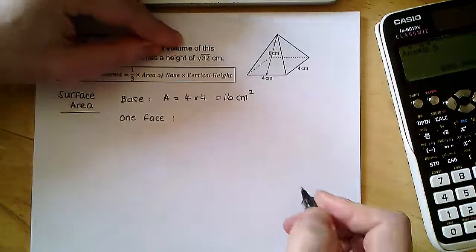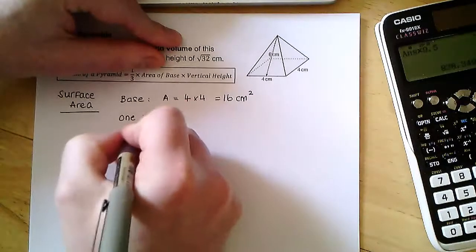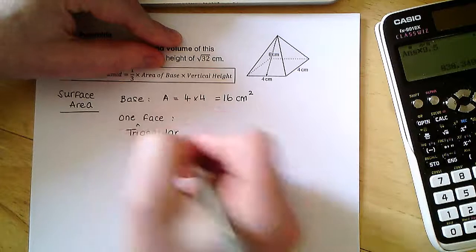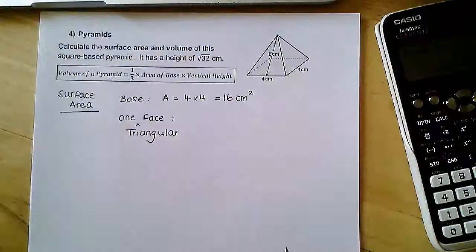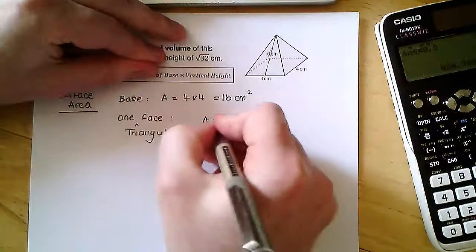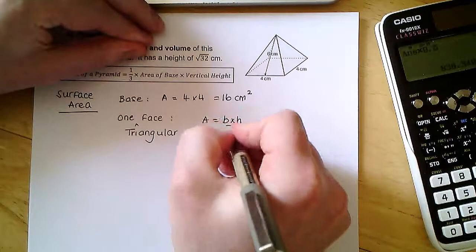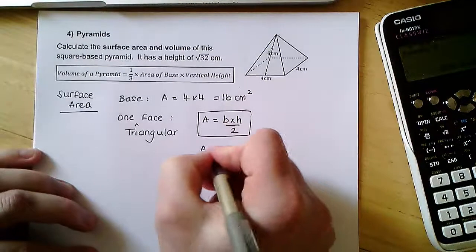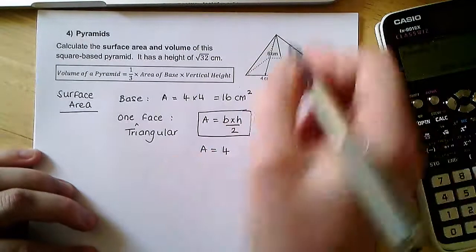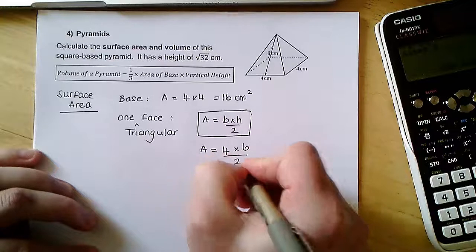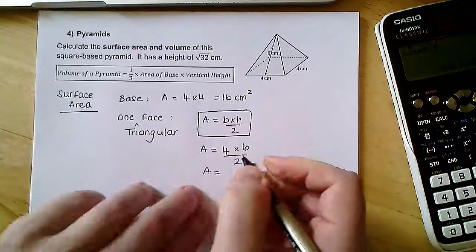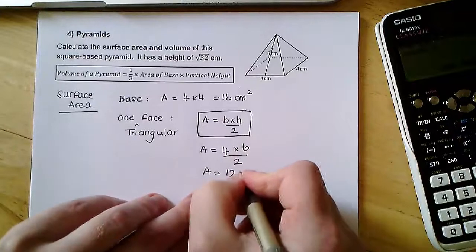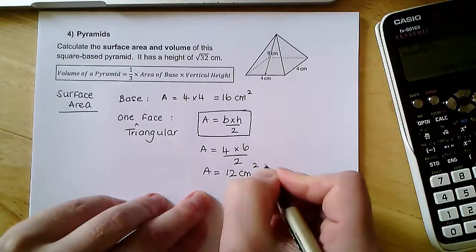So if we look at one triangular face, the area is base times height divided by 2. Base is 4, perpendicular height is 6, divided by 2. 24 divided by 2 is 12 centimetres squared.